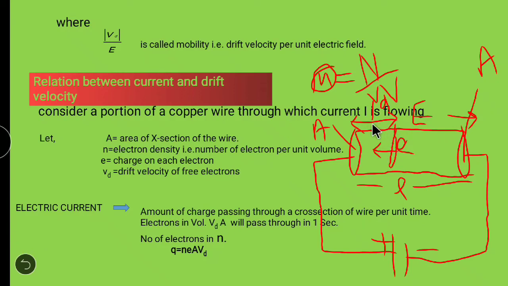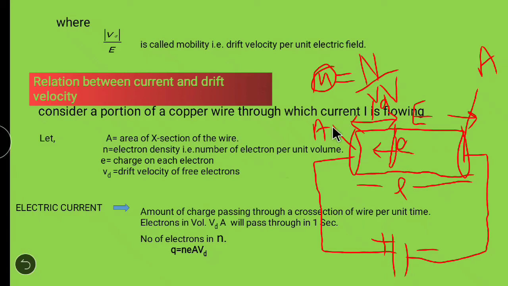So the volume will be what? Vd into A, where A is the cross section area. In that, how many electrons are there? The electron density was n. N into e will be the amount of charge, where n is the number of electrons and e is the charge.